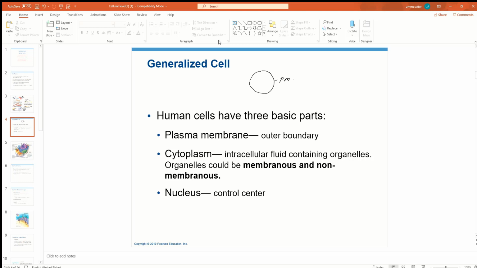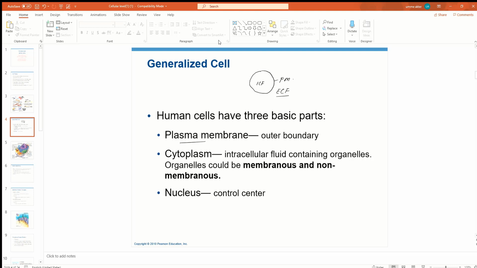So those are three functions of the plasma membrane: gives the boundary, protects the cell, and gives the shape of the cell. And the plasma membrane separates extracellular fluid outside of the cell, and intracellular fluid inside the cell. Okay, so those are the important functions of the cell membrane.